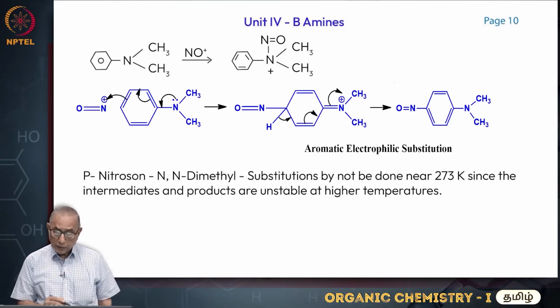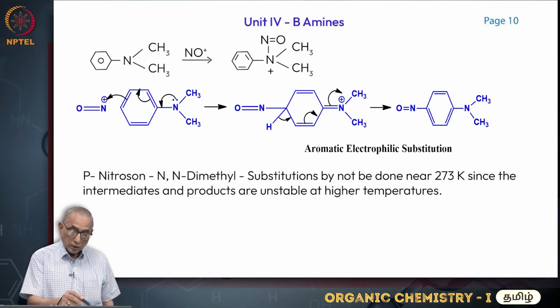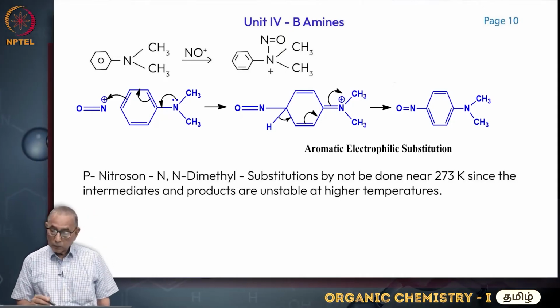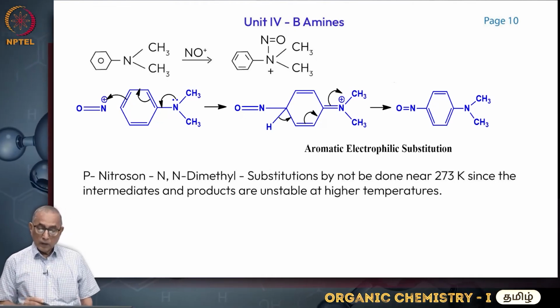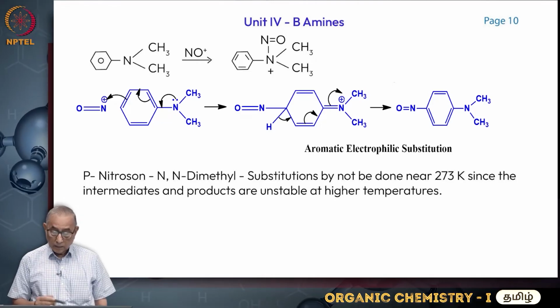it behaves like an electrophilic substitution. The NO plus attaches here, and the amine pushes the electron into the benzene ring. The lone pair moves, and you get an intermediate for the para attack, just like any electrophilic substitution, such as para-nitroaniline formed from aniline and nitric acid.